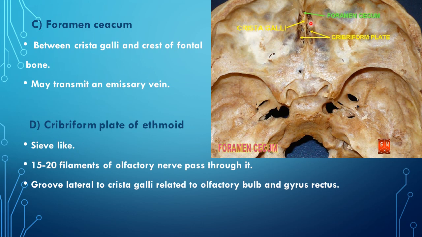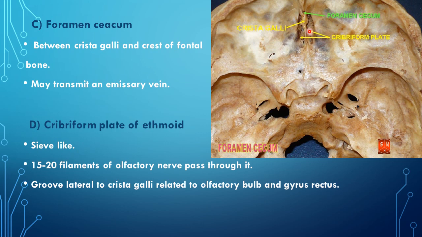It is a perforated bony plate, and there are about 15 to 20 filaments of olfactory nerves passing through each perforate plate from the olfactory mucosa of the nose to the olfactory bulb. So from here we can see there are 15-20 filaments through each plate.